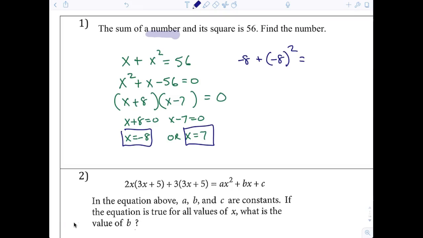It says it equals 56, guys. Come on, common sense here. X plus the number squared is going to equal 56. The other thing we're going to do is put 7 plus 7 squared. What do you think that's equal to? 56. That is correct. And if you don't believe me, you can plug it in on the calculator and see.